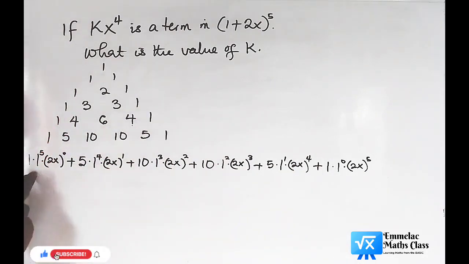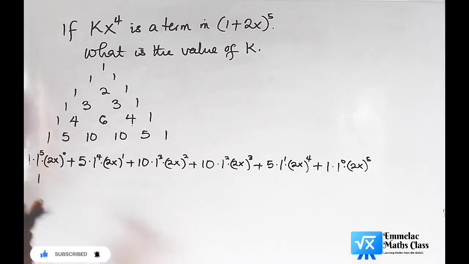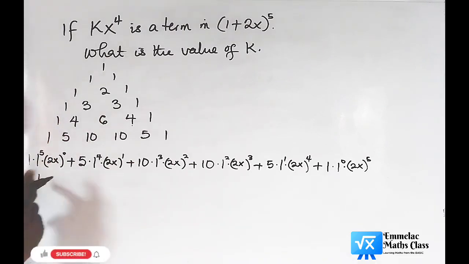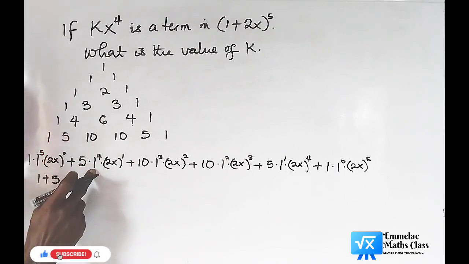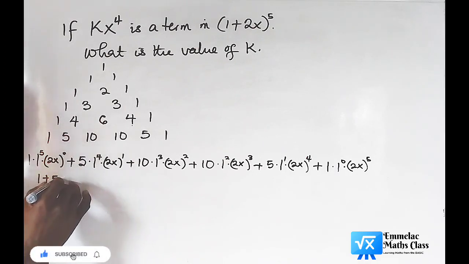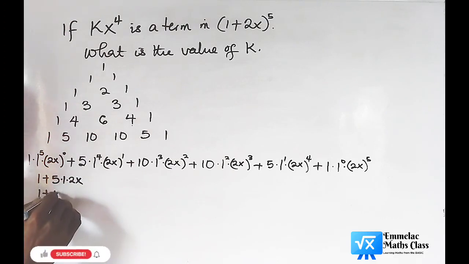Now the whole of this will give us 1, because 2x raised to the power of 0 will give us 1, and 1 raised to the power of 5 will give us 1. Then plus 5. Now x raised to the power of 4 will give us 1, then you have 2x. Okay, and when you multiply this, you have 1 plus 10x.